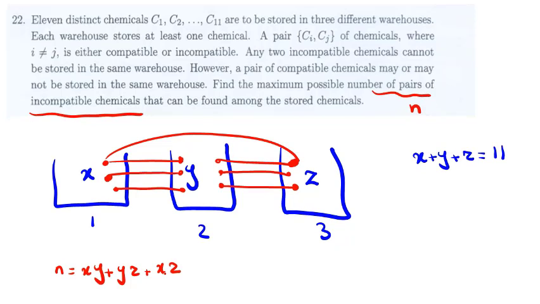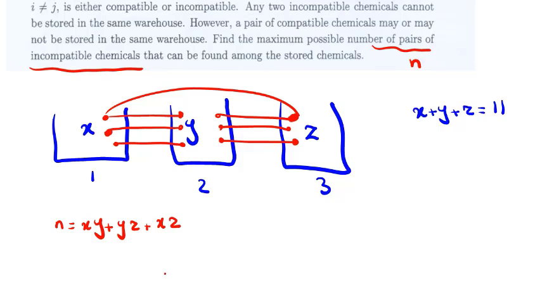If I want to maximize this, the difference of each of them is at most 1. Suppose without loss of generality x, y, z; for maximizing n, I want to say x minus z is at most 1.